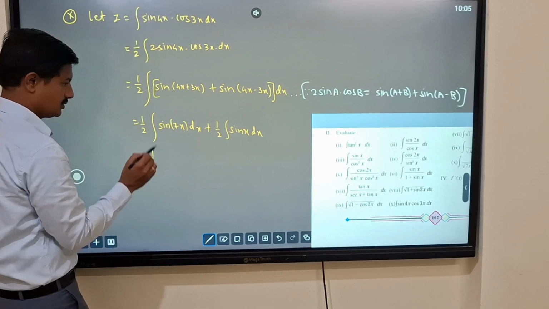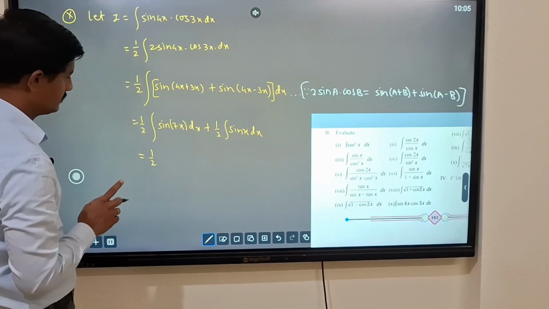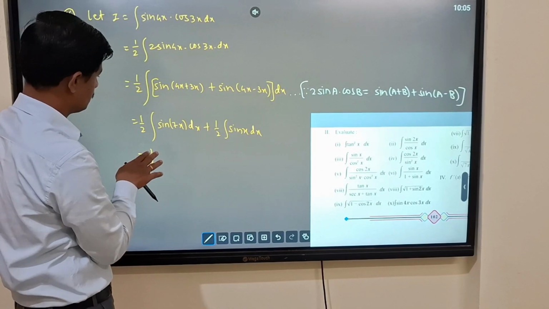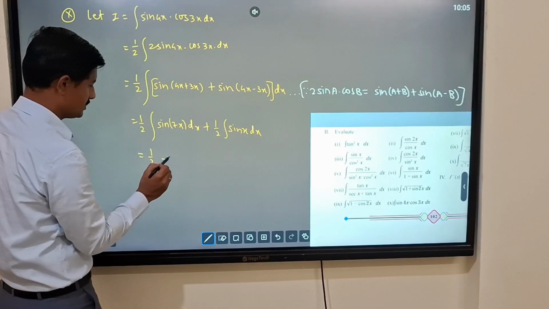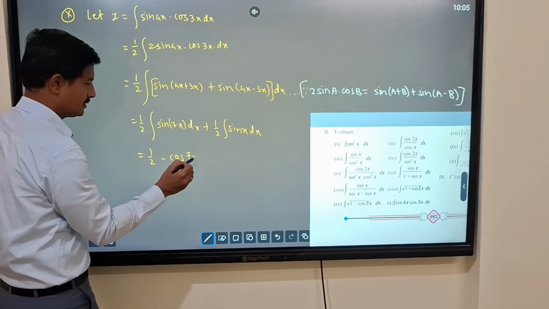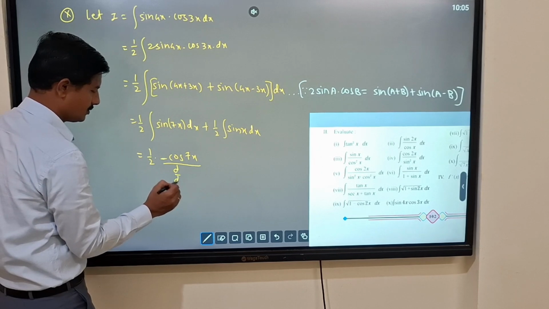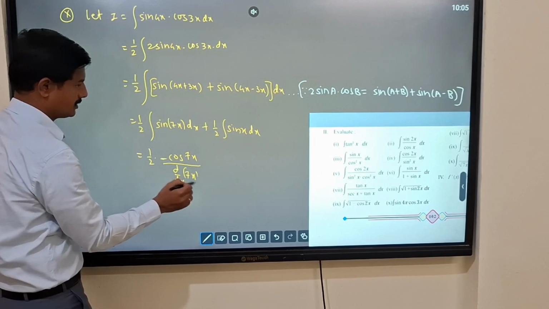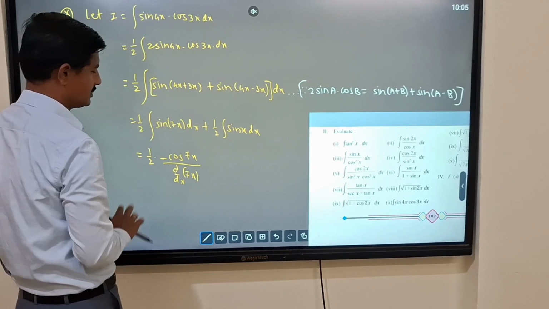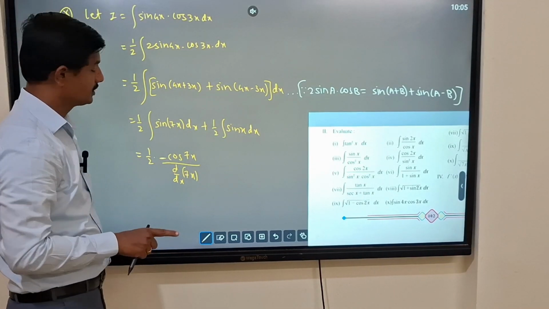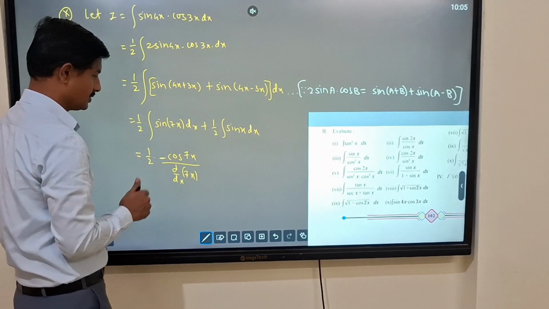The integration of sine is minus cos 7x divided by d/dx of 7x. Here there are two functions, this trigonometric and this algebraic function, so we take the integration of the first function and divide by the differentiation of the other function.